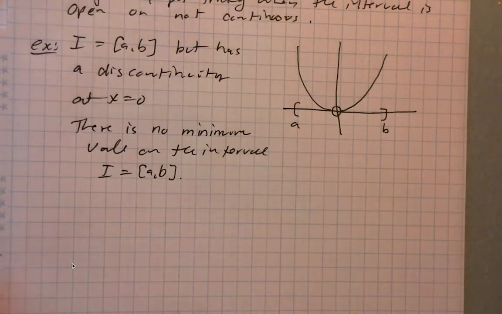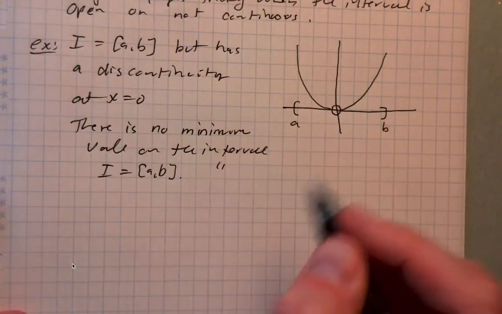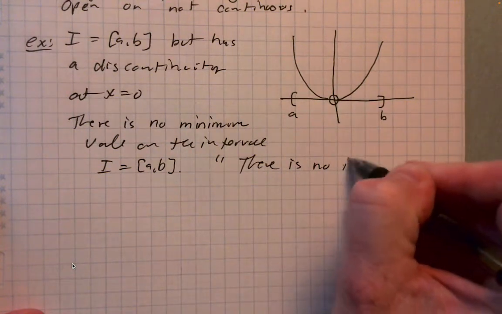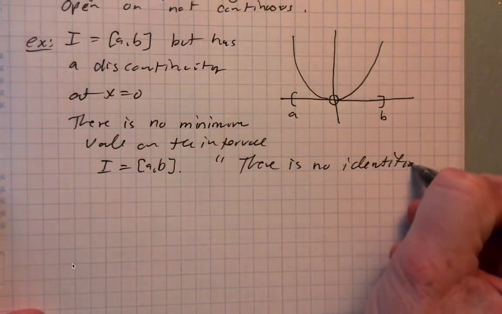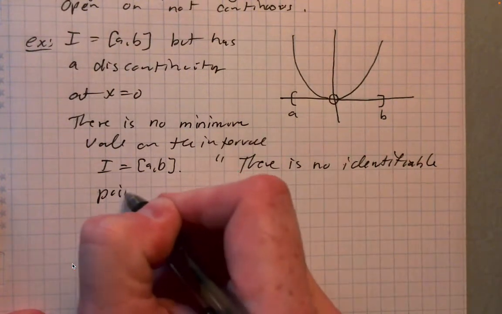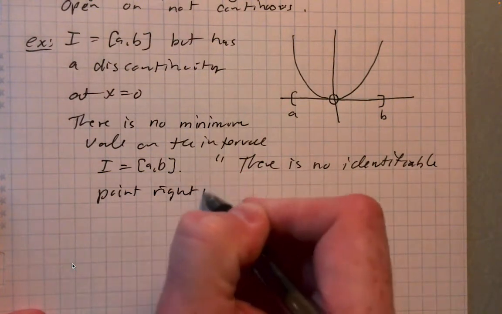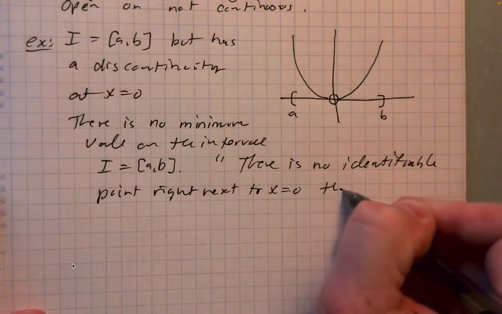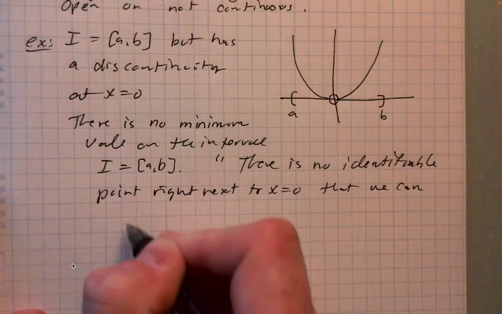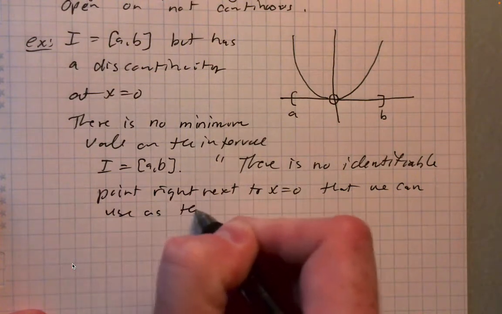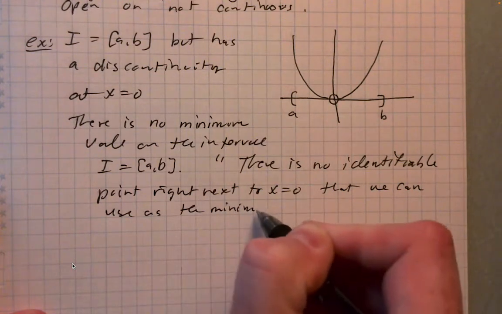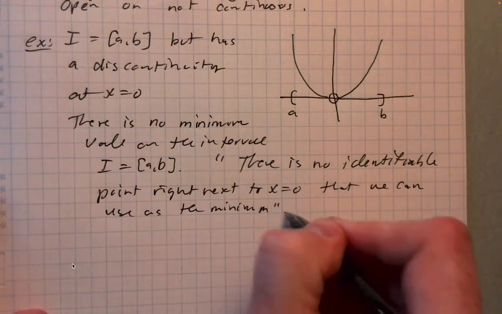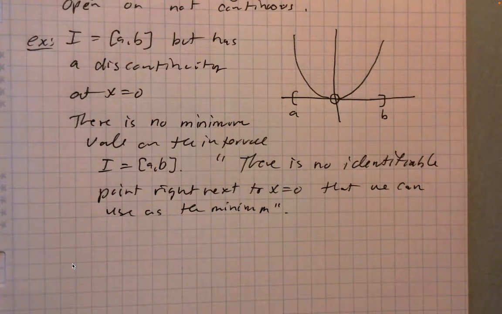But what I'll say here is, and I'll just put this in quotes, there is no identifiable point right next to x equals 0 that we can use as the minimum. There are certainly no shortage of points next to x equals 0, but to find the smallest one is the problem.